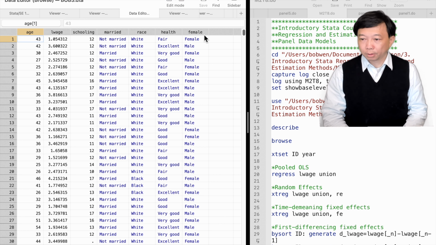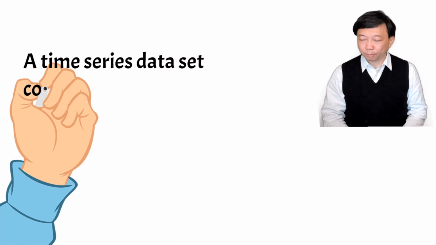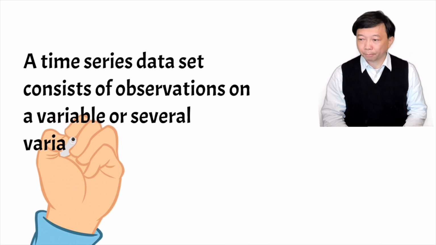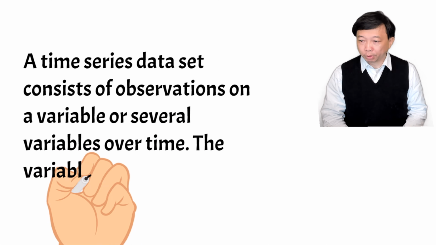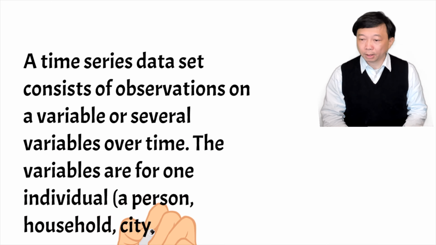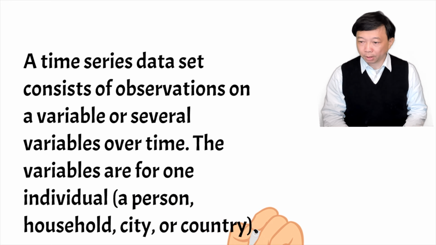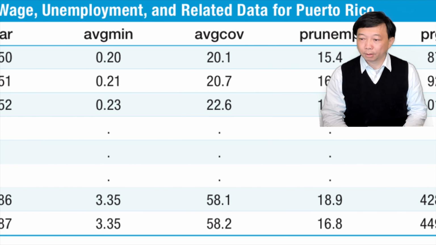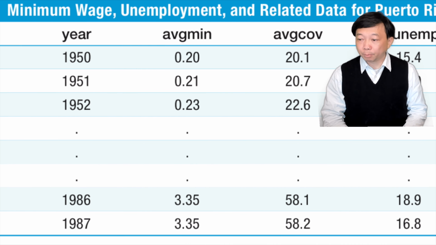By contrast, the time series data contains information for only one individual, but over time. The order of observations matters because it represents the trend or pattern of change. Examples of time series data include stock prices, GDP, CPI, and unemployment rate.